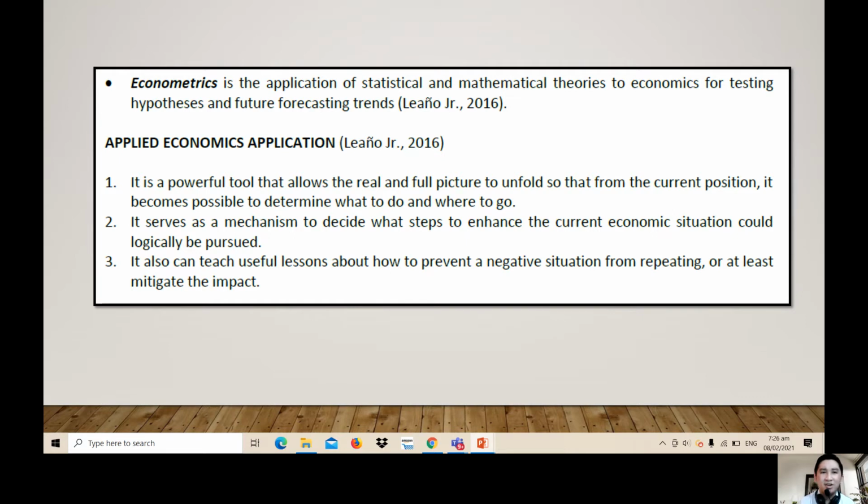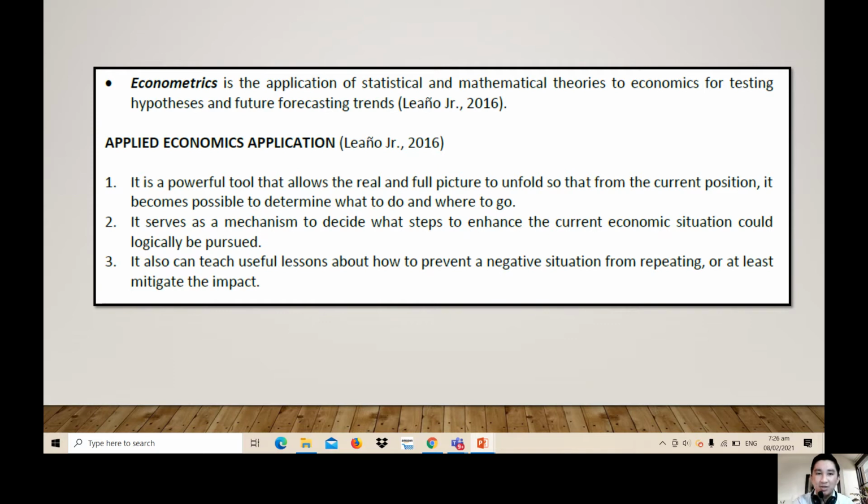Applied economics is a powerful tool that allows the real and full picture to unfold, so that from the current position, it becomes possible to determine what to do and where to go. Right? When we have applied economics, we have a real picture of what is really happening, what the problem is.